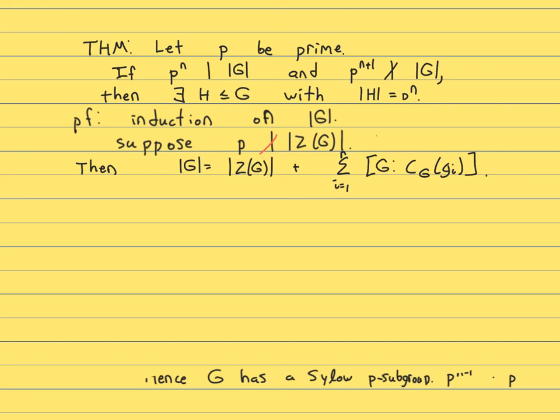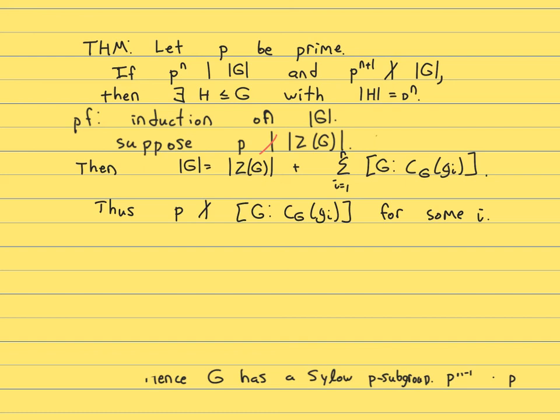P does not divide the center, so we see P can't divide all of these indices. So it can't divide one of the indices, at least one of the indices for one of the centralizers. Could be more than one, but one is going to be all we need to get this proof to work.